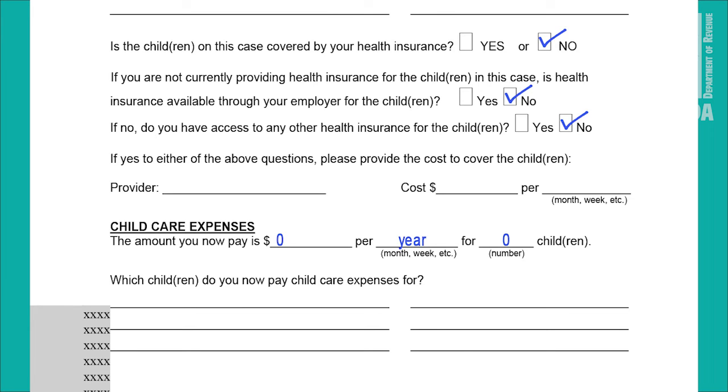Be sure to add together any child care expenses you pay for each child and put the total amount on the dollar amount line. For instance, in our example, the parent pays $300 for John and $400 for Junior each month. This equals $700 per month.